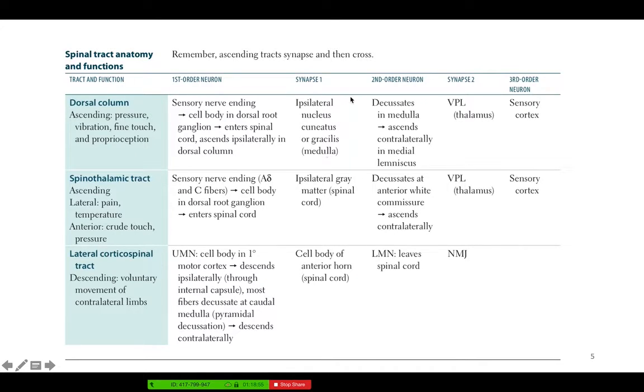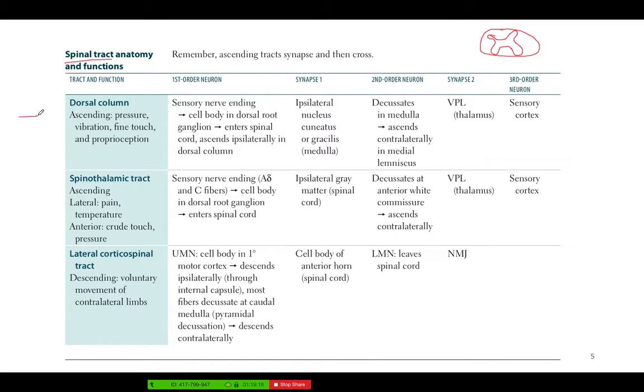Great. So we're going to draw all these out, but I kind of want to give you the vocabulary before we do that. So when we have our spinal cord here, it's organized. Here's our horns, great. Here's our horns, great. Okay. Now, our spinal tract has different anatomy and functions.